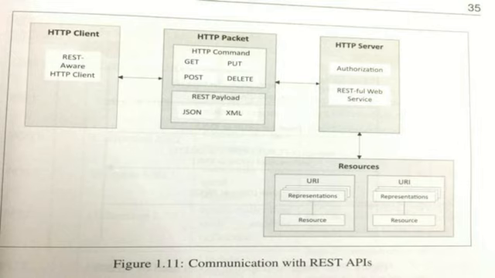The message consists of HTTP commands, that is get, post, put, delete. We know get: all the detail will be visible in the URL. Post: no detail will be viewed in the URL. And there are put and delete also. Another important thing is the REST payload.